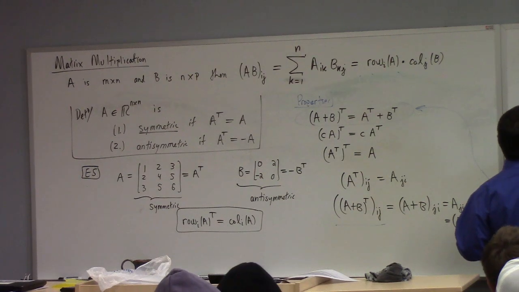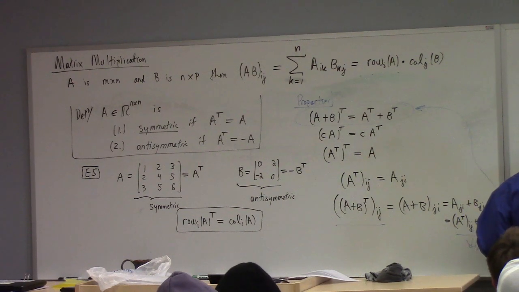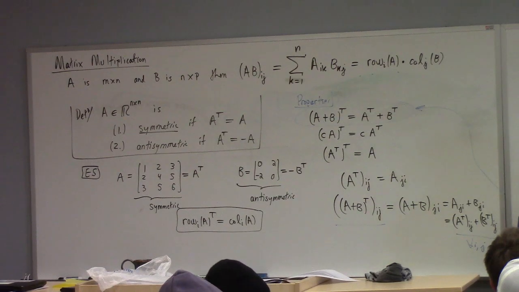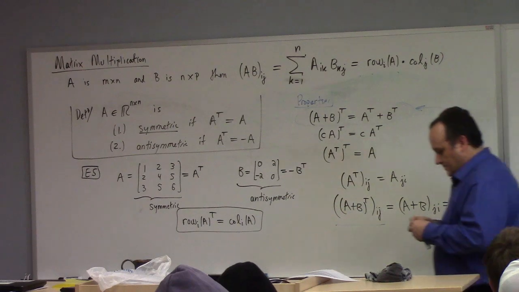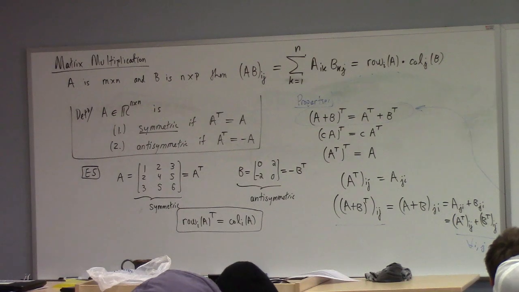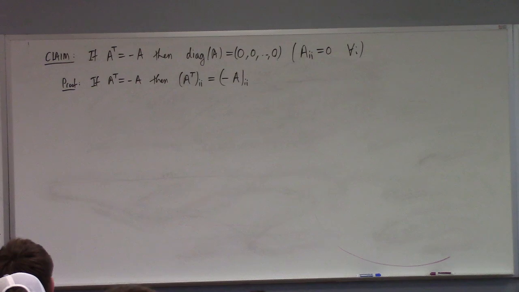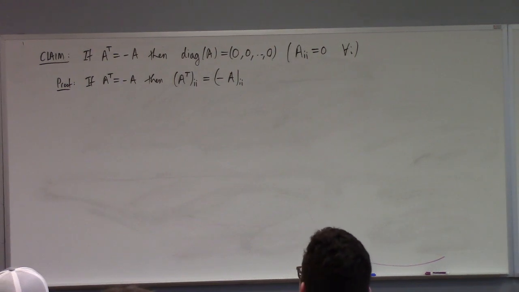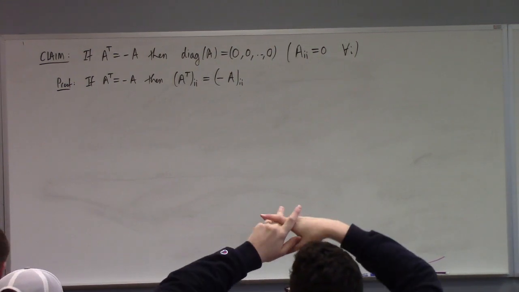Here's how it goes. If A transpose is equal to minus A, then (A transpose)_ii is equal to minus A_ii, right? But what's the definition of transpose? It flips the indices, right? It changes ii to, well, it's kind of embarrassing, ii, so it's kind of dumb. When you have both indices equal, swapping them does nothing.